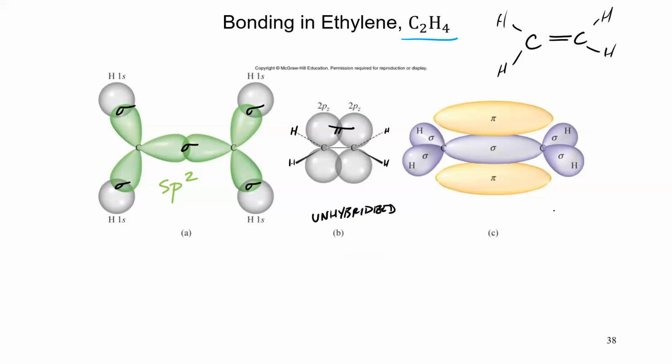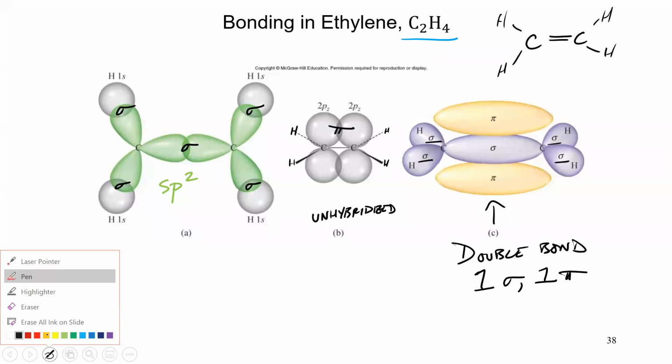And when we look at all the orbitals here put together, we have a sigma bond between carbon and hydrogen, sigma bond, sigma bond, sigma bond, 4 sigma bonds between carbon and hydrogen. And then this double bond is 1 sigma bond and 1 pi bond.